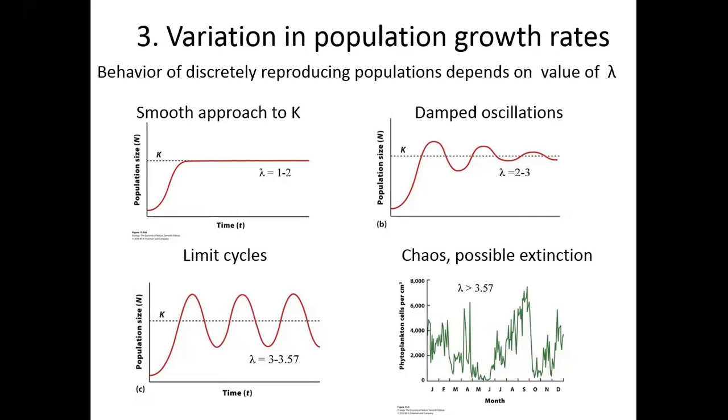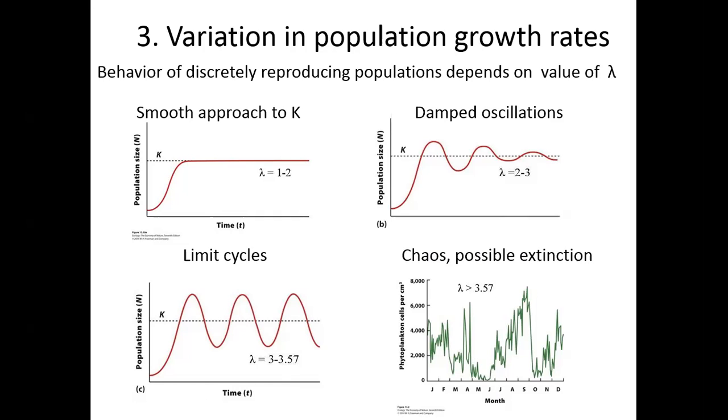You go from 2 stable numbers, as we've diagrammed here, to 4. So 2 above, 2 below. As it gets closer to 3.57, you go from 4 to 8, and then from 8 to 16. And then when you hit 3.57, you get what we call chaos.